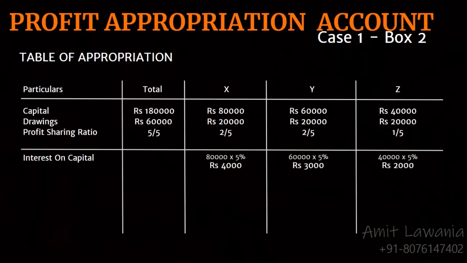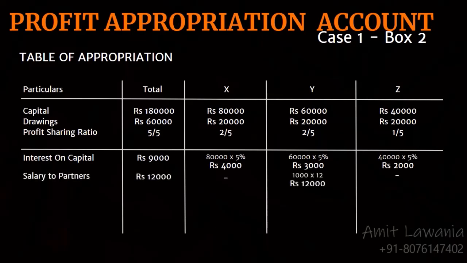This is calculated on the capitals that we just noted in the above row. For partner X, interest is 5% of 80,000, which is rupees 4,000. For Y, it is 5% of 60,000, which is rupees 3,000. And for Z, it is 5% of 40,000, so rupees 2,000. Do not forget to write down the total of interests, which is rupees 9,000 in this case.